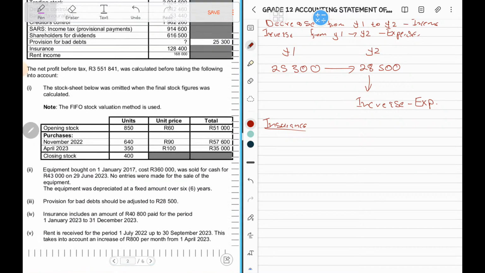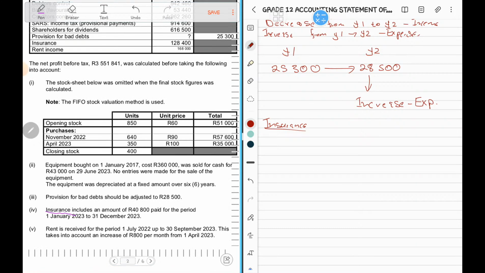They are saying insurance includes an amount, meaning that inside this insurance amount of 128,400, they've included the 40,800, and that 40,800, some of the insurance premiums there, or the monthly insurance expense inside that amount, are not for the current financial year, meaning that at the time they were preparing the statement of comprehensive income, they included the prepaid expense for the next financial year, the insurance for the next financial year, meaning that our profits were understated.